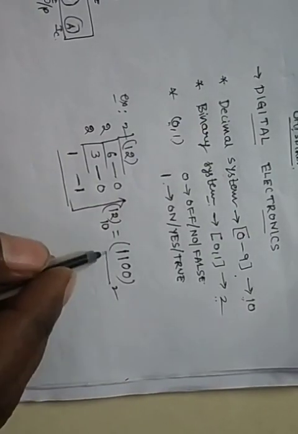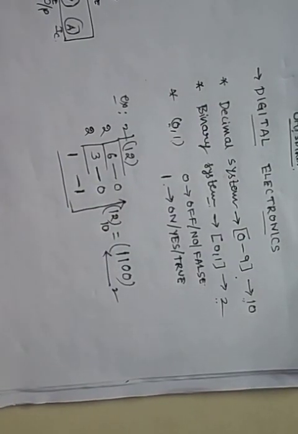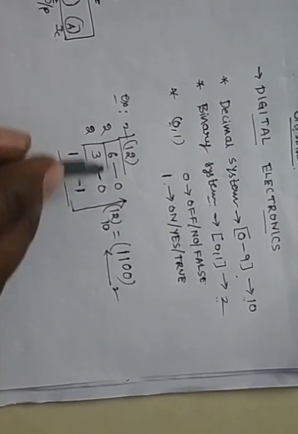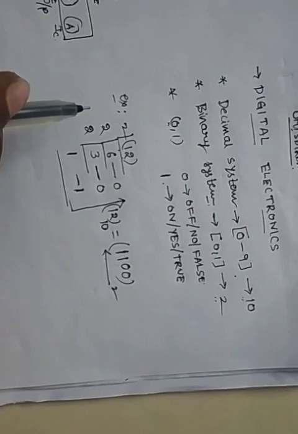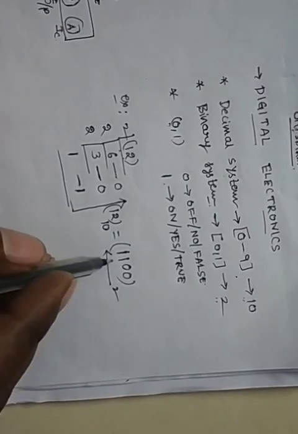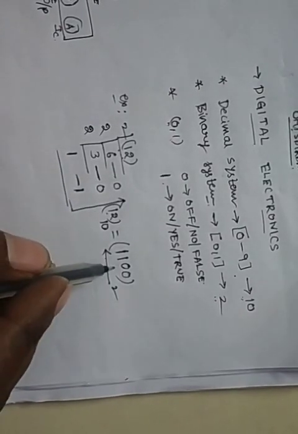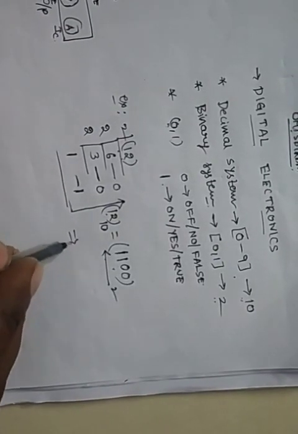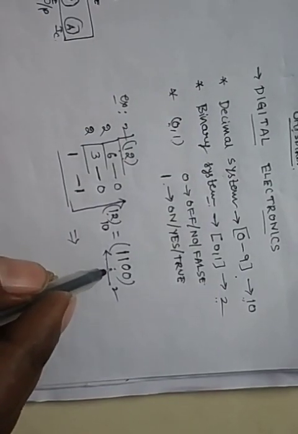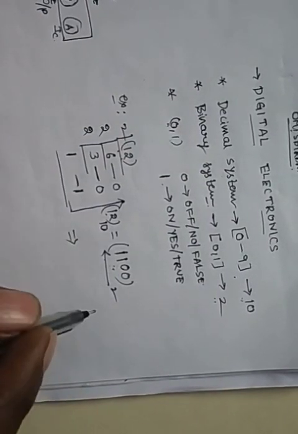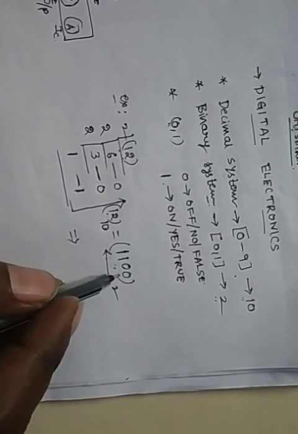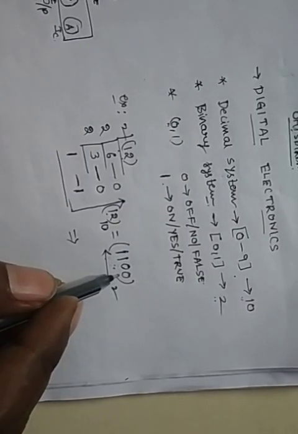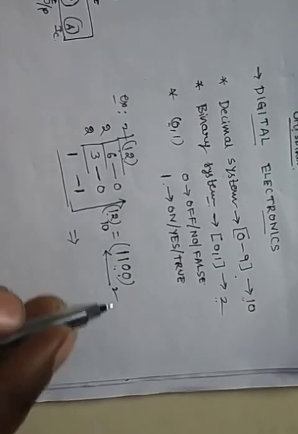That means, for example, I took 12, a decimal number, and converted it into the binary system. This is the binary number for 12. How to check whether it is correct or not? Start with 2 power 0, multiply with increasing powers of 2 and add all the values.